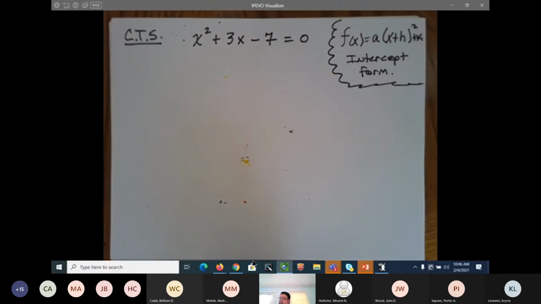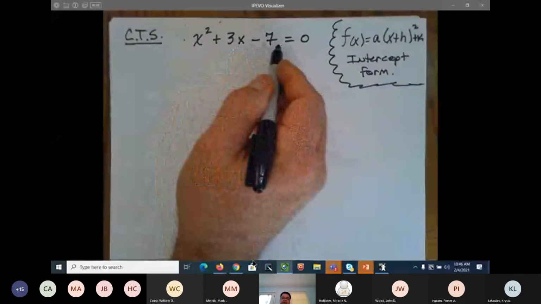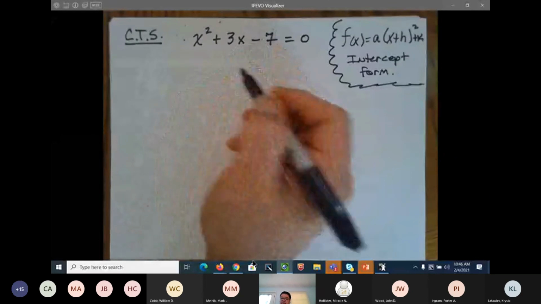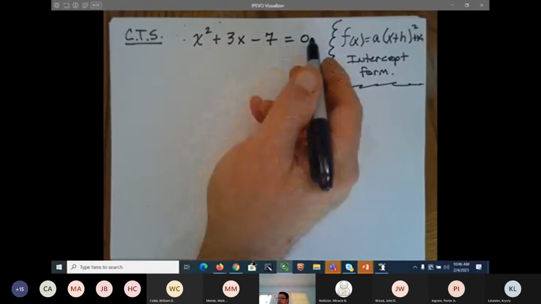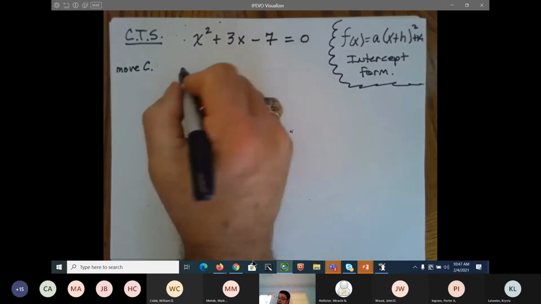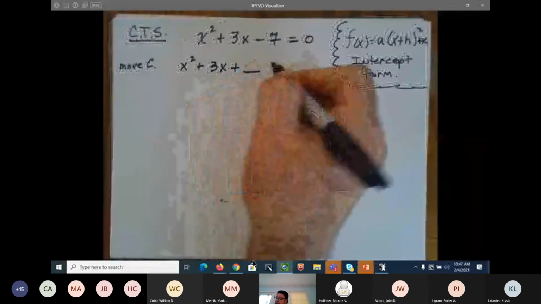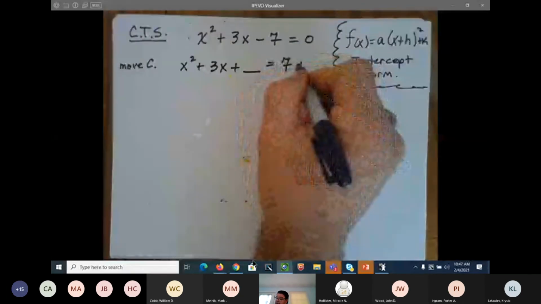So here we go. First thing you do is move C. ax squared plus bx plus c. So you move c. Well, there's only one place to move it. It's on the left, so it needs to go on the right. So x squared plus 3x plus blank is equal to 7 plus blank.